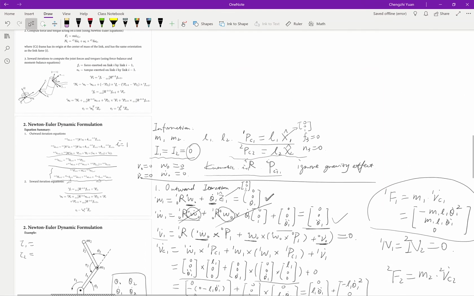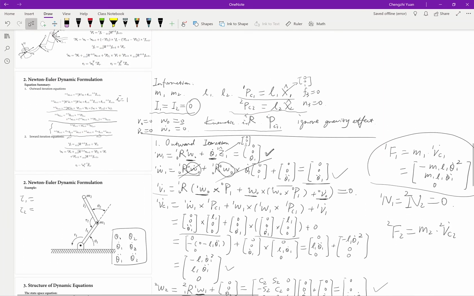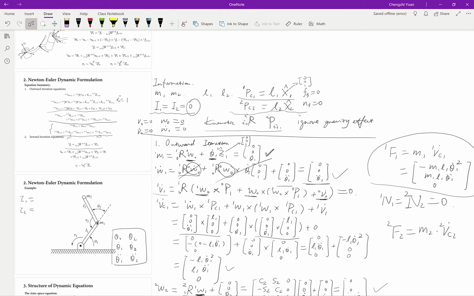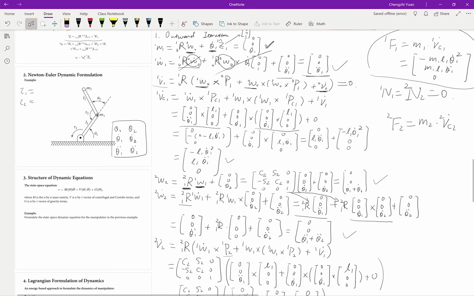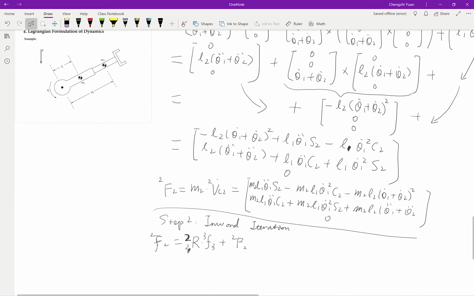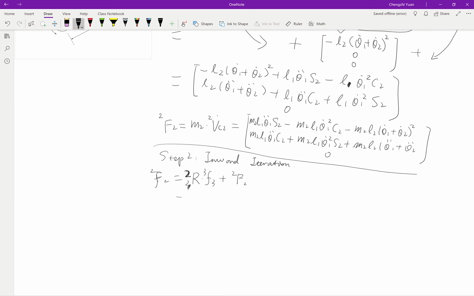Is this what the equation tells you? Okay, so let's see the values of this quantity.